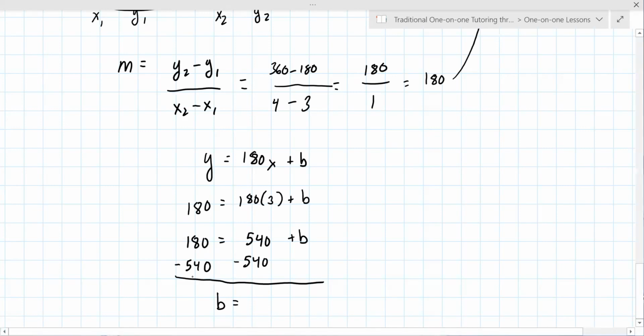Okay, 180 minus 540. Negative 340. Try again. You're close.